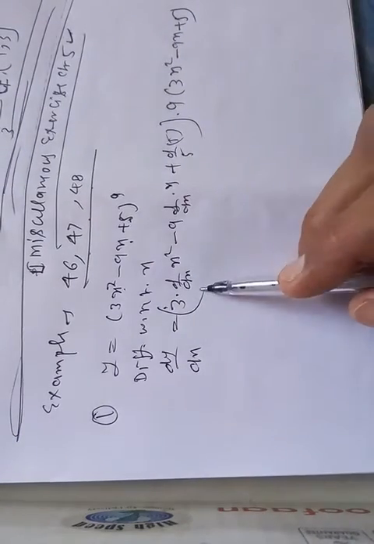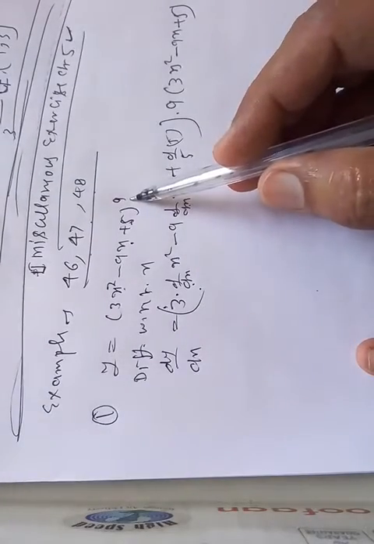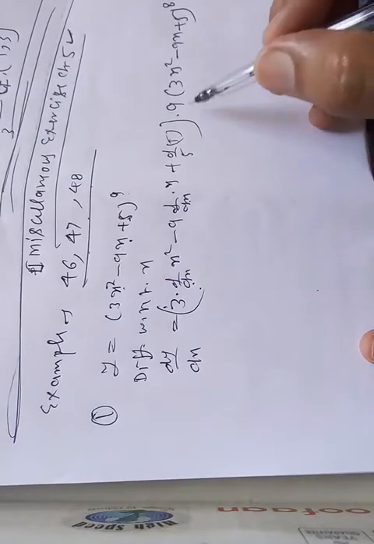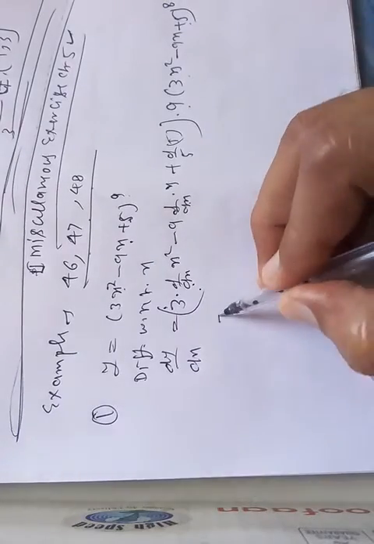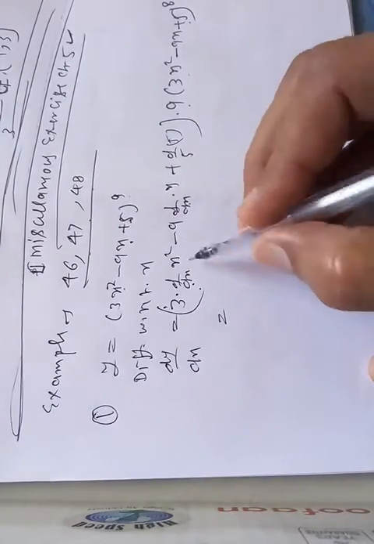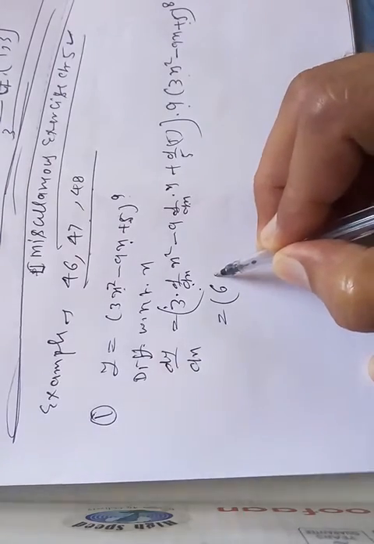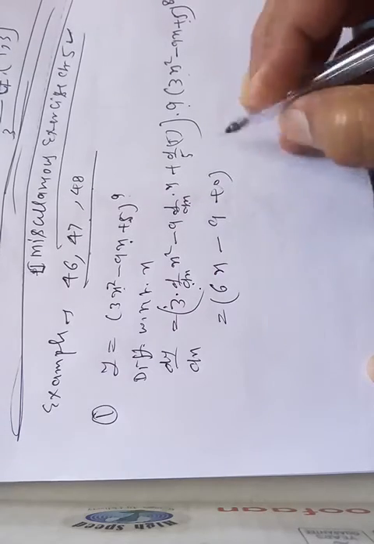By the power rule, n times x raised to n minus 1, so this is raised to 8. Then differentiating the inside gives 6x minus 9 plus 0.